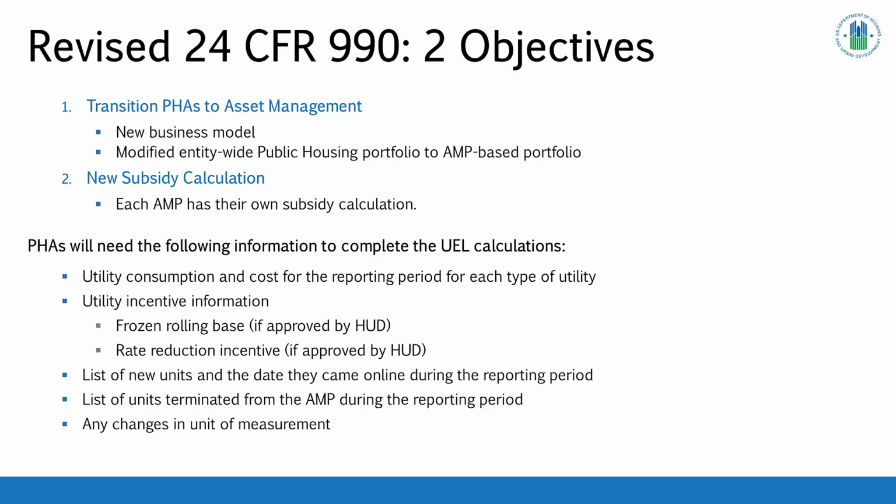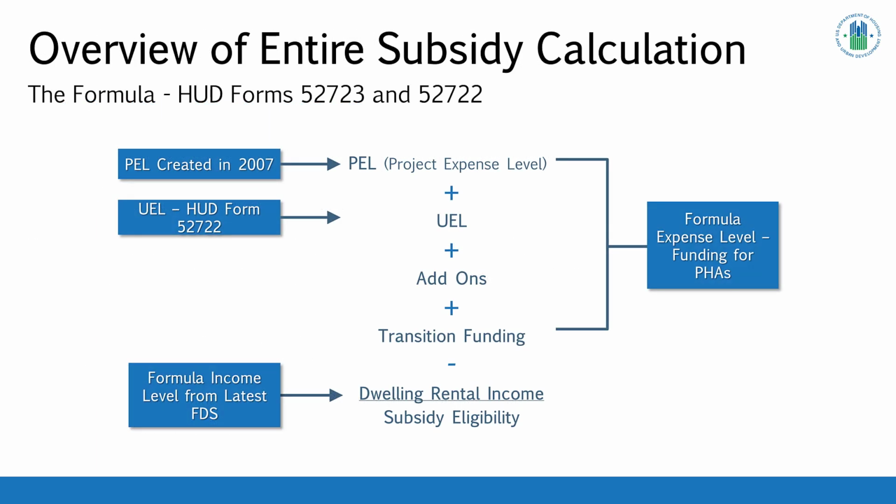So if the PHA was losing subsidy under this new calculation, they had an opportunity to transition to asset management early and reduce the loss of their subsidy. If they transitioned early, let's say in the first year, instead of losing 100% of the difference, you added 95% as transition funding back into your expenses, and they would fund you for that. Then after 5 years, the housing authority received less and less funding for that.